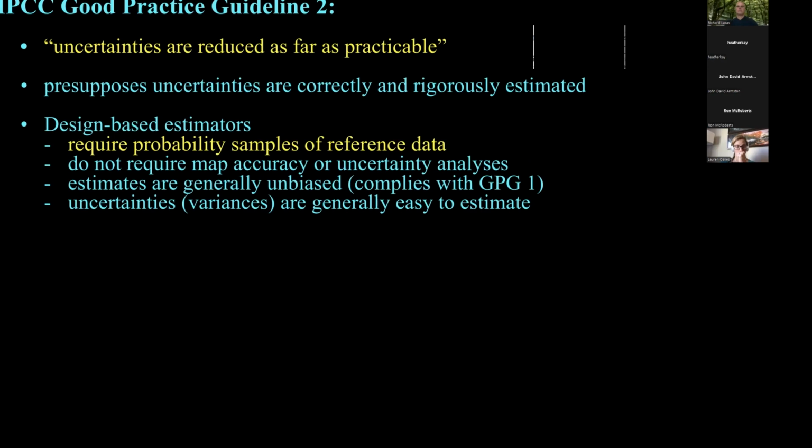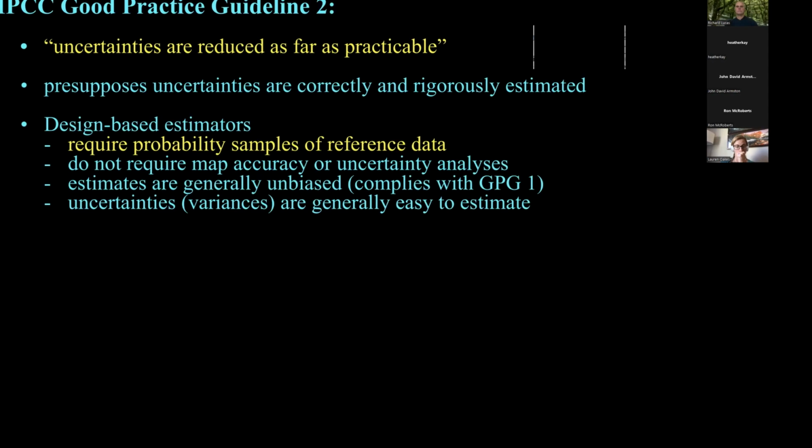That presupposes that we first correctly and rigorously estimate uncertainties. We want to talk about that a little bit here today, because this guideline is not particularly well understood. We have two approaches to assessing uncertainties and, to some extent, map accuracy assessments: one called design-based estimators and another called model-based estimators.